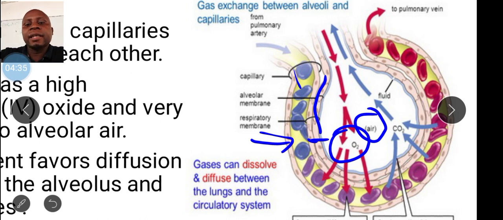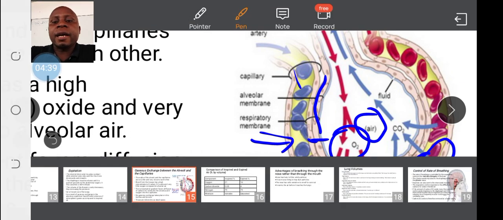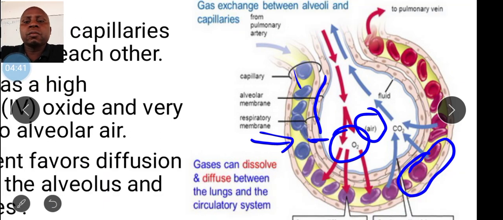On the other hand, carbon dioxide is highly concentrated in the blood than in the air. Therefore, it tends to diffuse from the red blood cells into the air which is found in the alveolus. Okay? Good.